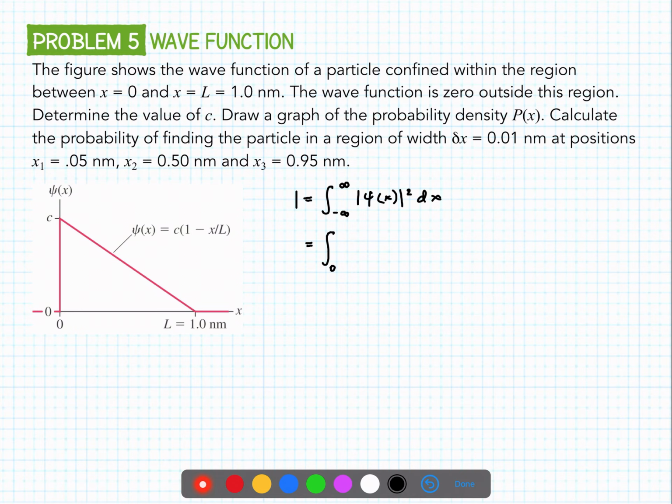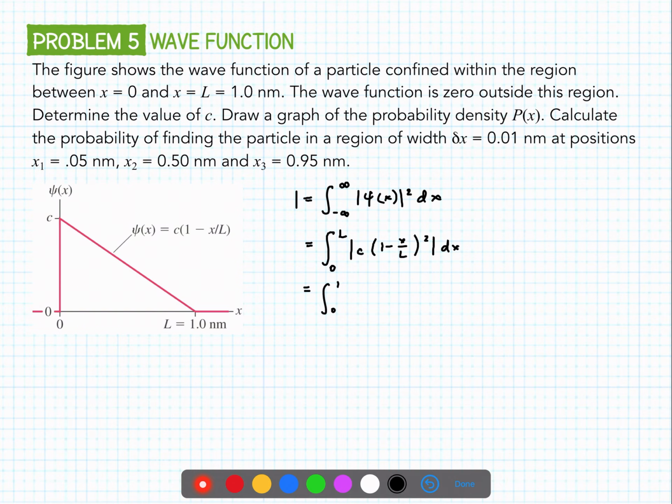And after L, you don't get anything, so we can integrate to L. The wave function is going to give you C times (1 minus x over L), squared, dx. So now we're just doing some algebra.